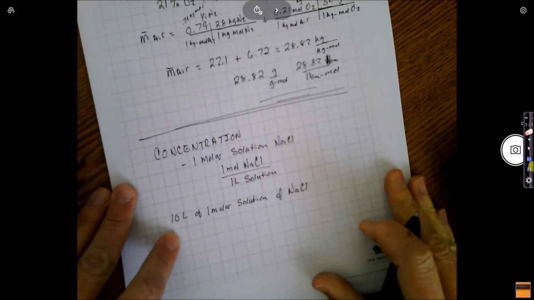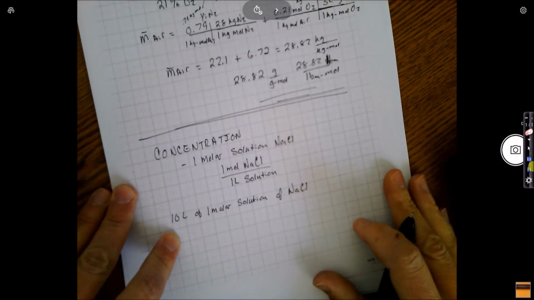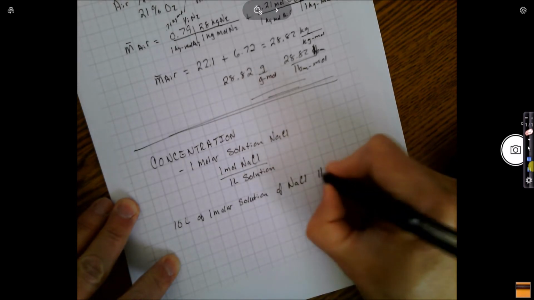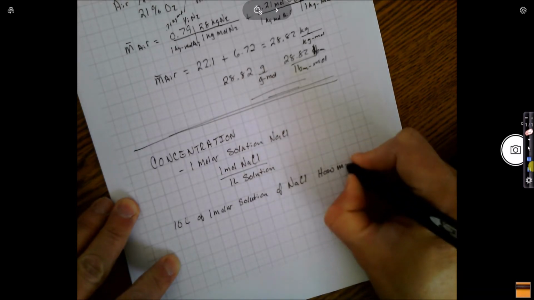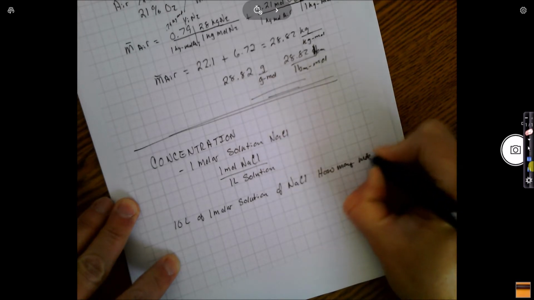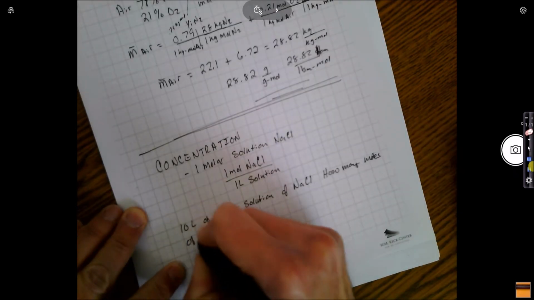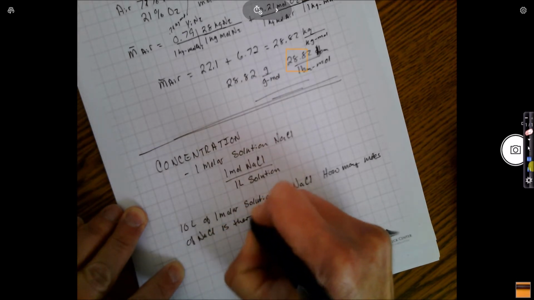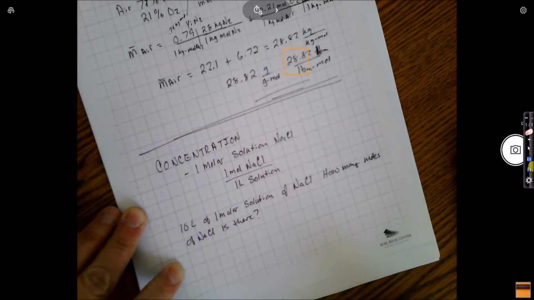We want to know how many moles there are.